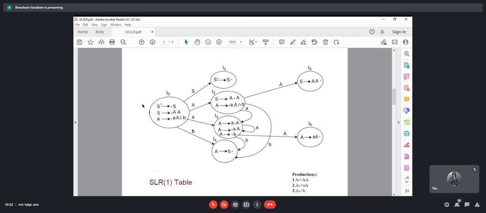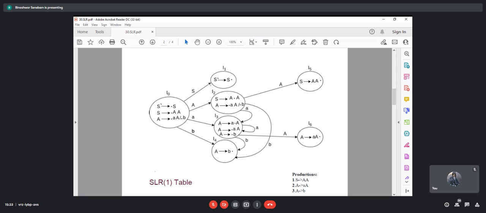So the first one is our canonical collection of LR0 items: S' implies dot S, then S implies dot A, and so on. So this is our production set that we have. Then we'll just consider this first case.